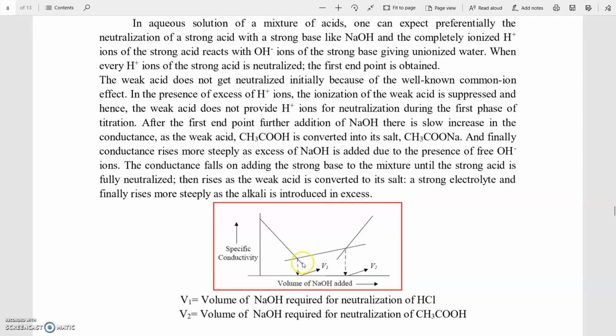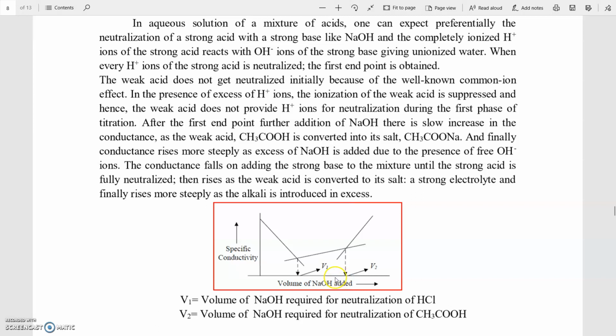When we draw the graph, we get two intersections. The first intersection, V1, is the neutralization of the strong acid, that is HCl. The second intersection, V2, is the neutralization of the entire acid mixture, because from V1 to V2 we neutralize the acetic acid.